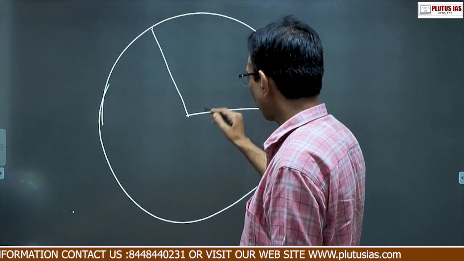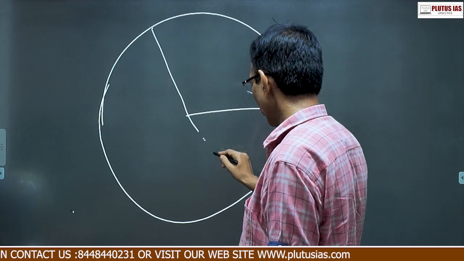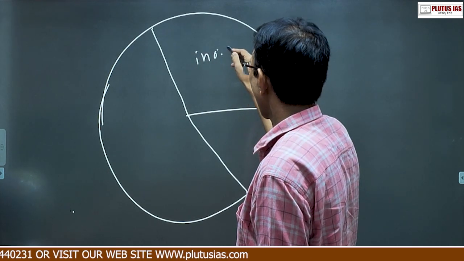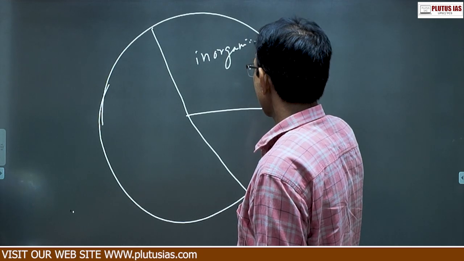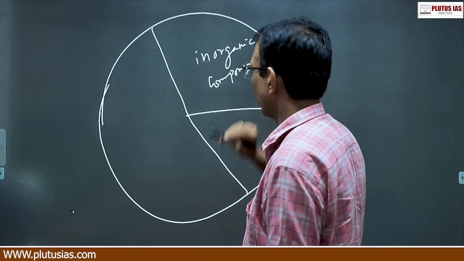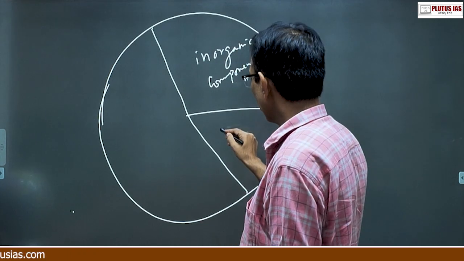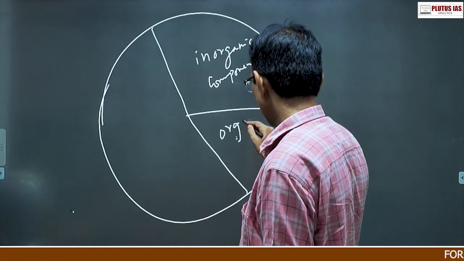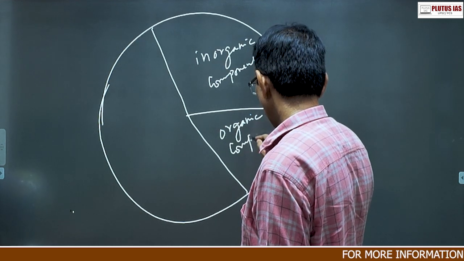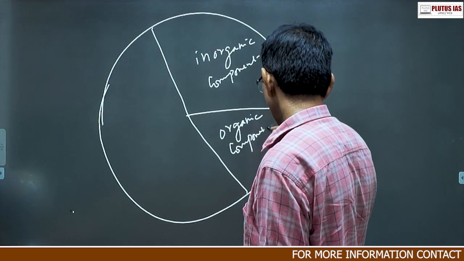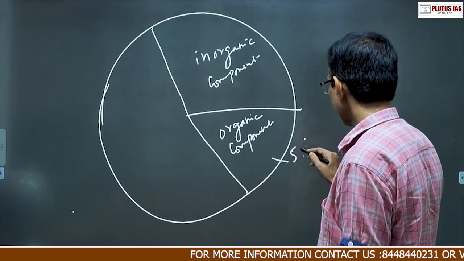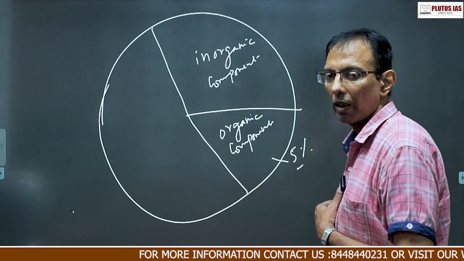this is the major part, which would be taken as inorganic component. Then you have the soil with organic component, which is 5% of the soil.